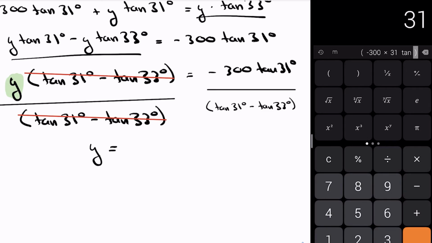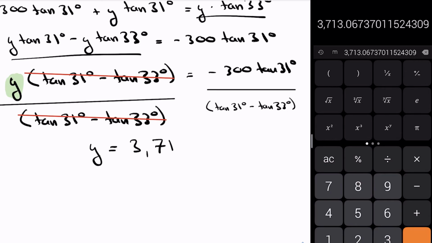There we go. And we are going to divide this by, and I'll open a bracket, tan 31 minus tan 33, and I'm going to close that bracket, and there's our number. So we get 3,713.1 meters.